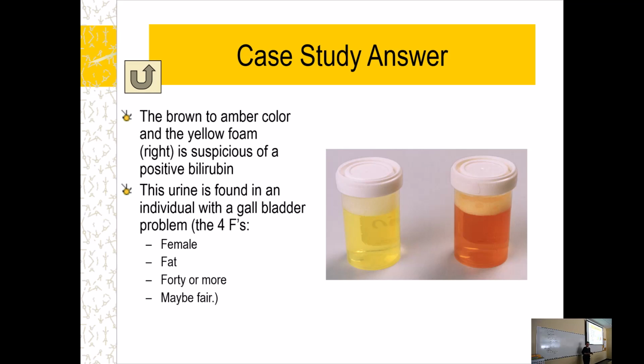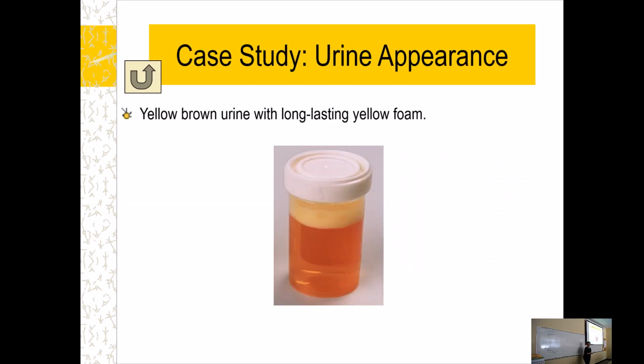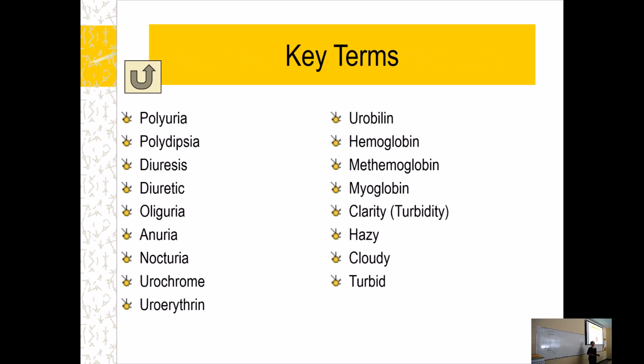A lot of times women in their 40s and 50s in general start having gallbladder problems. It's just very, very common. This is, again, a picture of that urine with the longer lasting yellow foam. It's not just going to come up and go away, it's going to hang out.